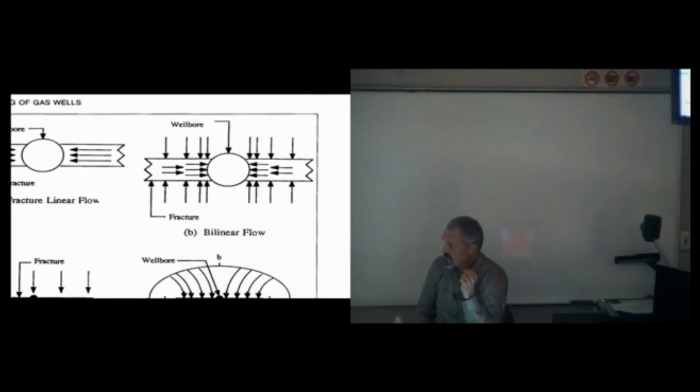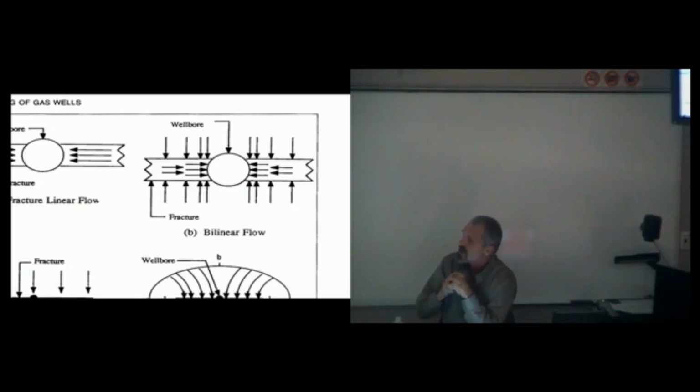So it's really pure, like bilinear, you have to have two phases down there? You have to have two phases. No, you don't have to have two phases. If I had a propane frac, and I had a propane reservoir, I'd still have bilinear flow. So I probably misled you with the whole mindset of that.